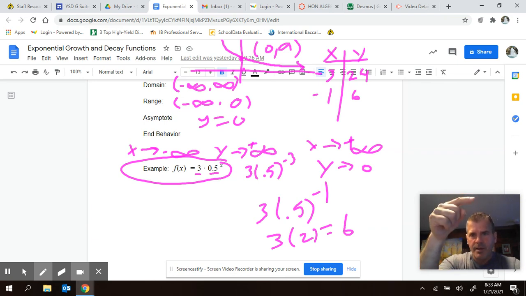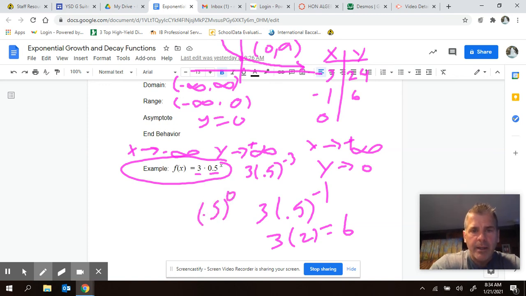At -1, it starts coming down. It's at 6. And then at 0, hey, here's an explanation as to why it's always going to be our y-intercept. Anything to the 0 power, 0.5 in this case, 0.5 to the 0 power is 1. And so if we take 1 times 3, we're going to get 3, obviously.